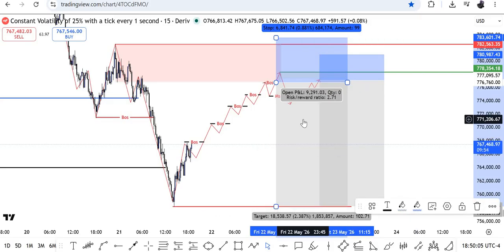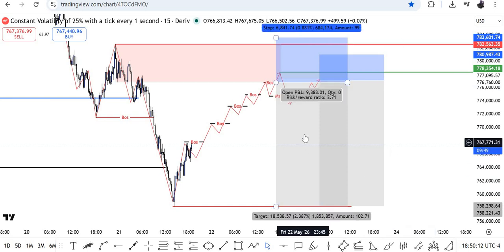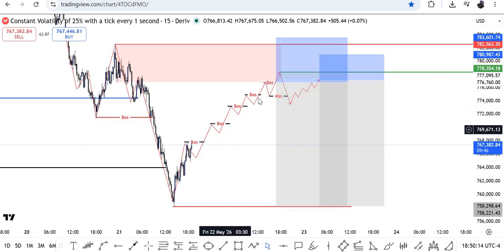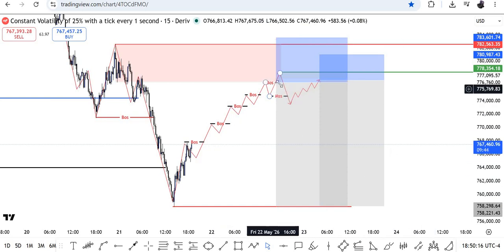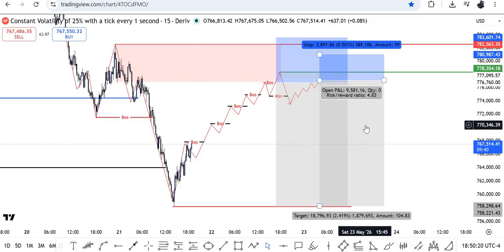This gives us a 3.71 risk to reward. But if we waited on the confirmation for the smaller time frame to change structure, you'll realize that we are now at a 4.83, approximately 5 to 1 risk to reward ratio.